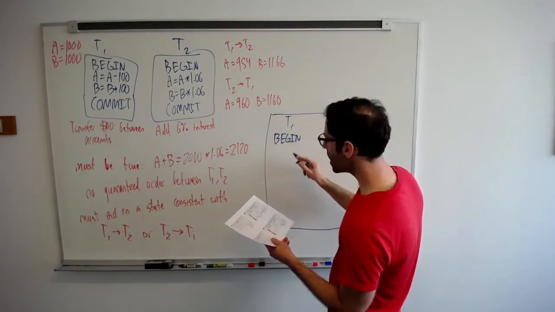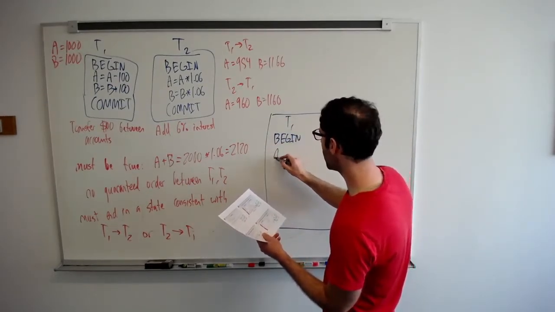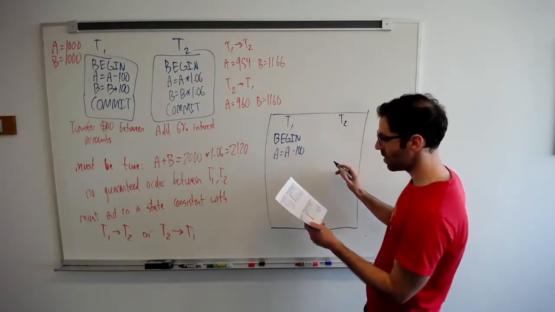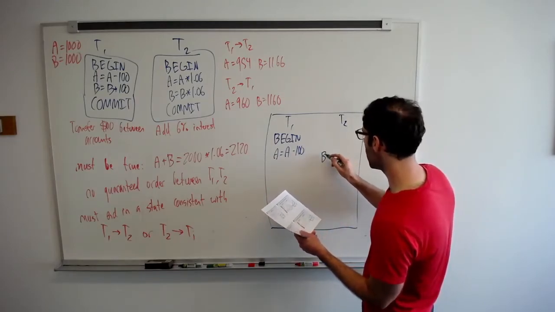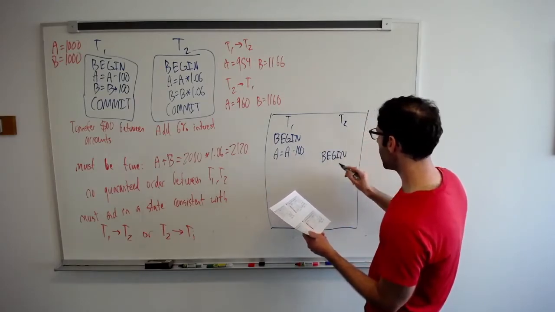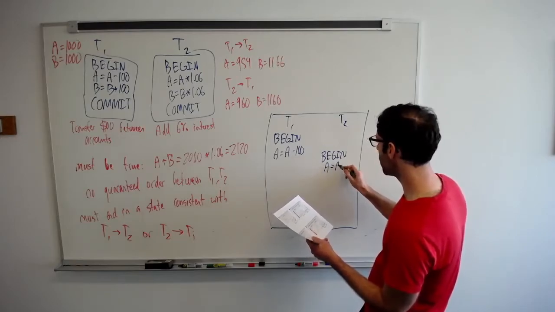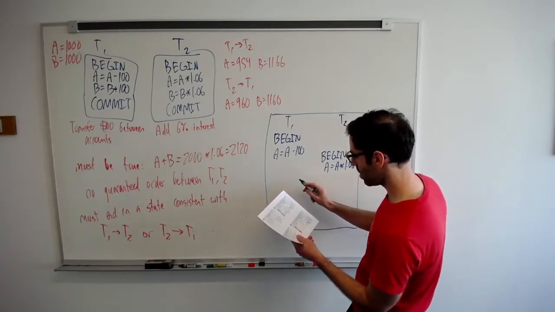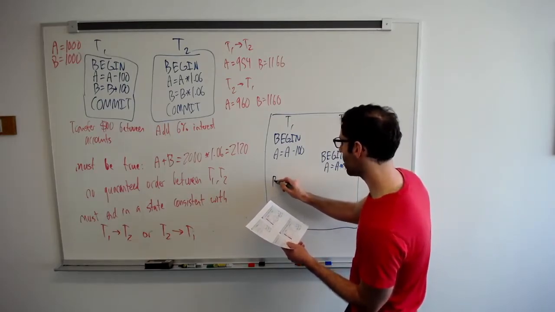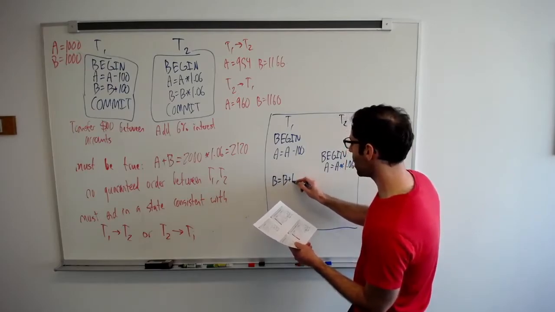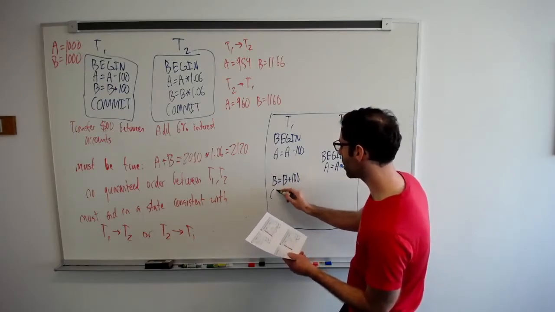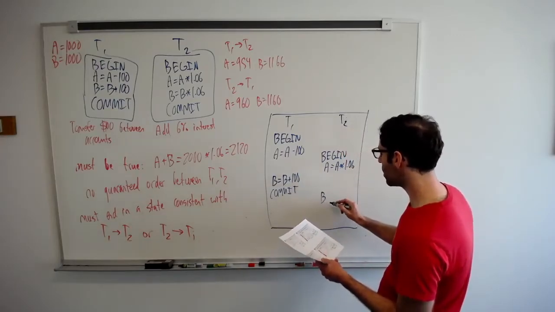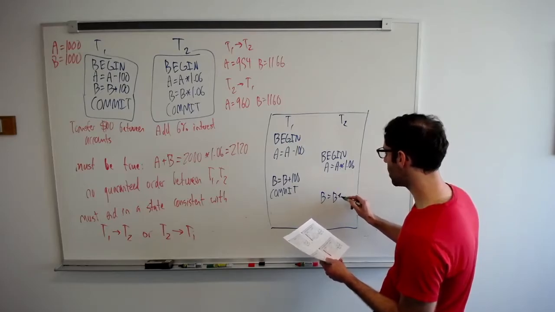So we could begin T1, update A, then begin T2, update A, then switch back to T1, update B and commit, then T2 updates B, and commits.